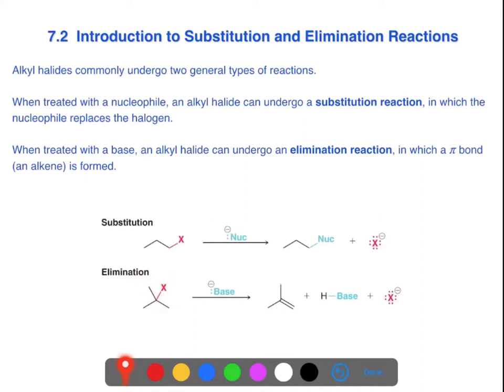And you can see in this example that our major product is the formation of this new alkene. The base has picked up a hydrogen atom, so there's a proton transfer as a part of elimination. And similar to the substitution reaction, we have the halide, which is lost as the leaving group.